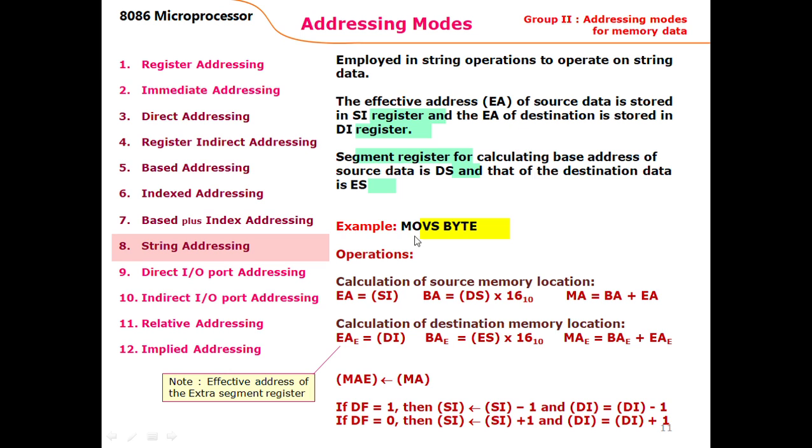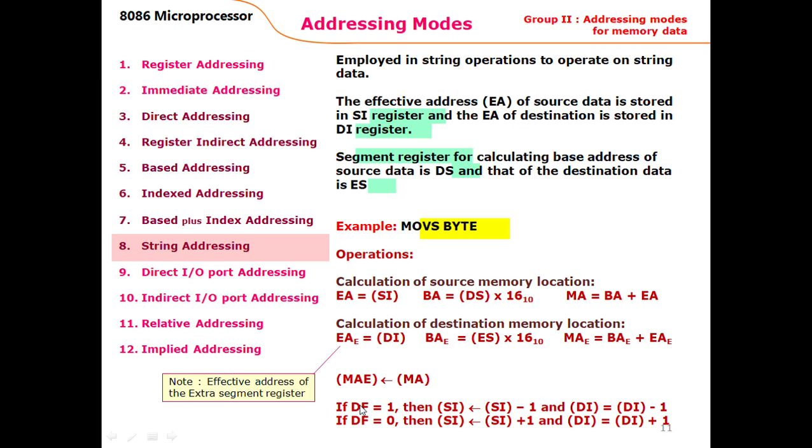So this instruction moves a single byte of string data from this memory address calculated here to this memory address. And each time this instruction is executed, the source index and destination index register contents are incremented by 1 or decremented by 1, and that is identified by the direction flag in the flags register.